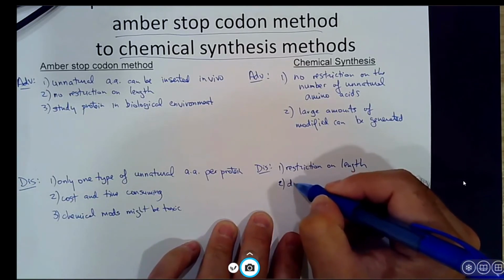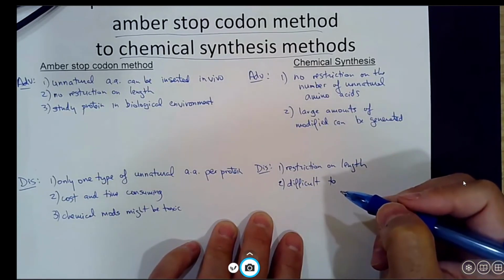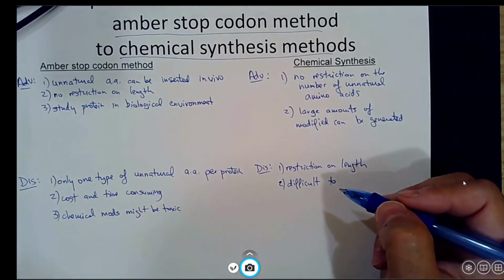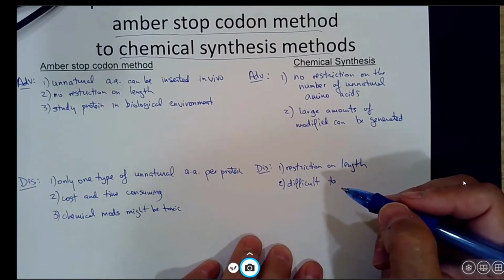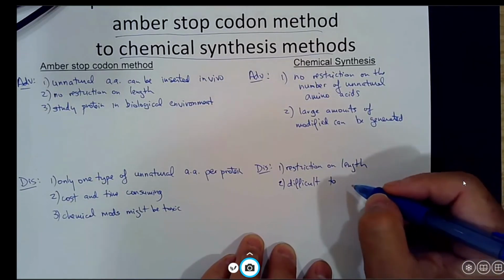It's also difficult to monitor true in vivo effects due to permeability and proper folding. So if you add unnatural groups to peptides or proteins, it's hard to say whether inactivity or activity is real, because you're making assumptions that it can fold properly, that it can get inside the cell properly, etc.